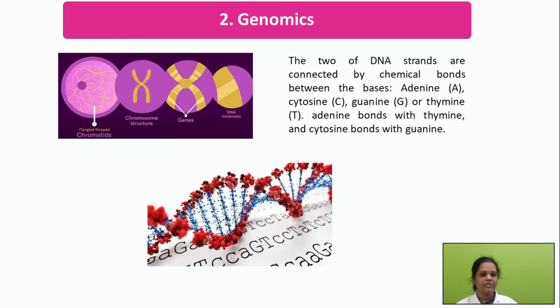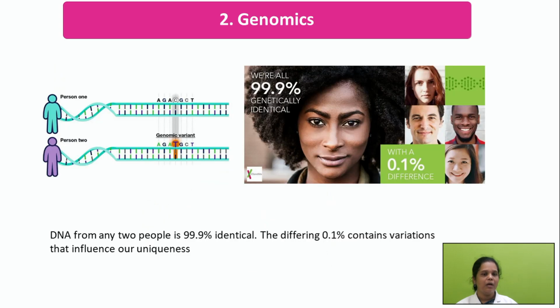The next one is genomics. Genomics is the study of genes. In the DNA we have 4 types of chemical bases: adenine, cytosine, guanine, and thymine. All 4 are available in all persons.